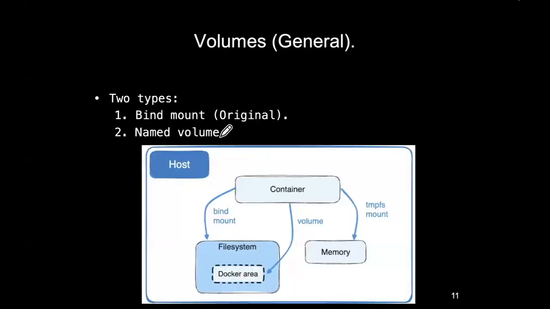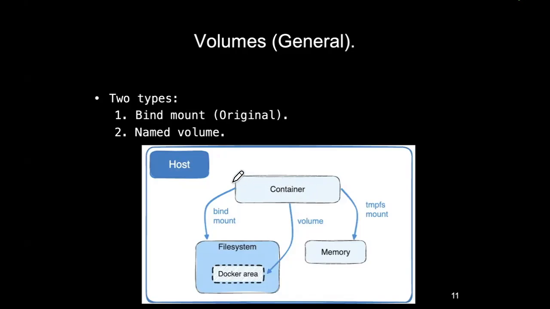This is probably the third time I've said it: what this slide is telling us, you actually know from last week's lab. There are two types of volumes in Docker. The original type was called bind mounts, and then more recently, Docker added something called named volumes. The image here is something I grabbed off the internet, and it's trying to illustrate the core difference between bind mounts and named volumes.